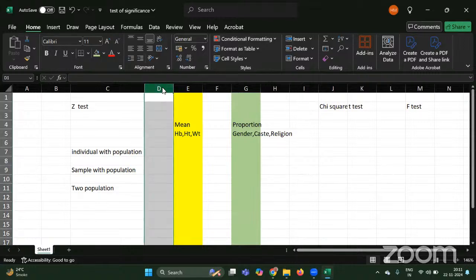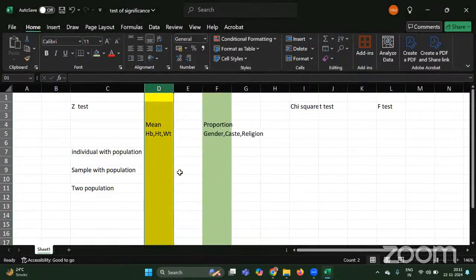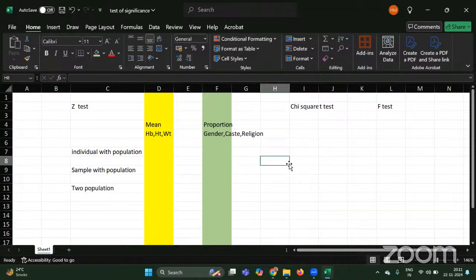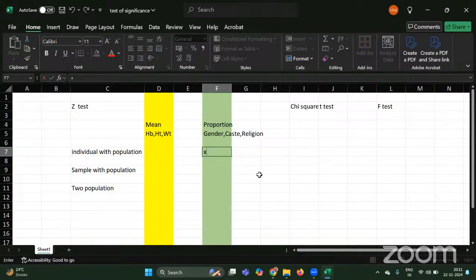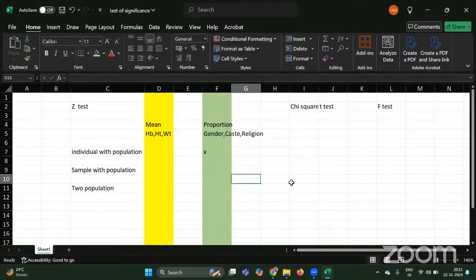So first example, where you want to compare an individual with a population. When you compare an individual with the population, usually we do not consider this, because out of 100 people, let's say there are four kinds of caste, and you are taking one individual and you want to say whether this person belongs to this population or not.